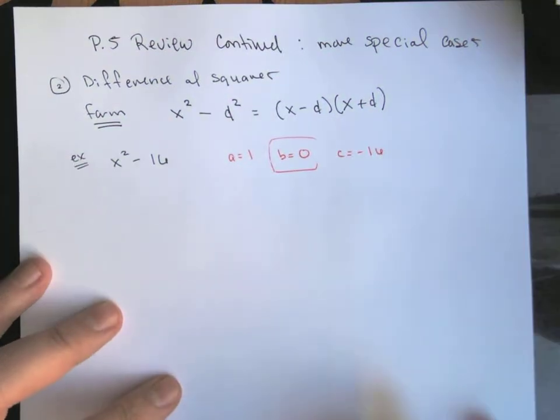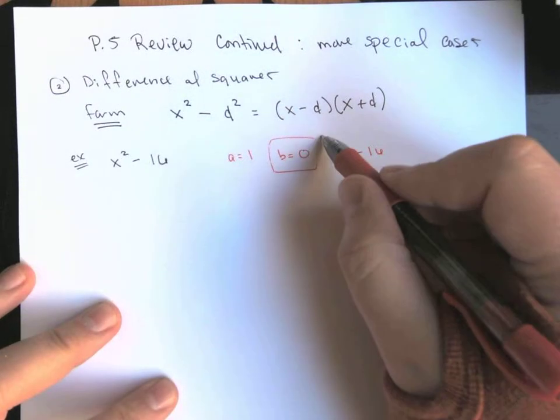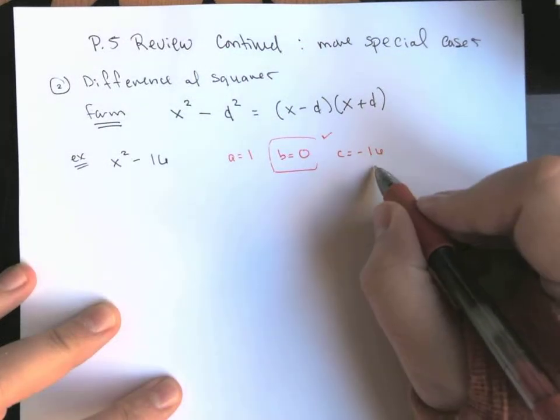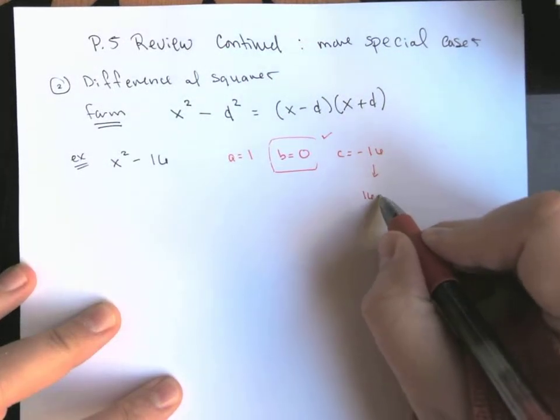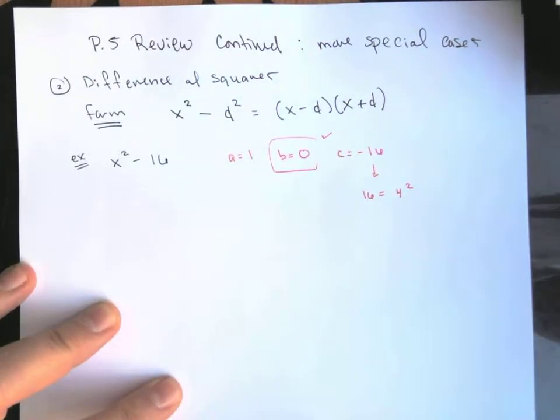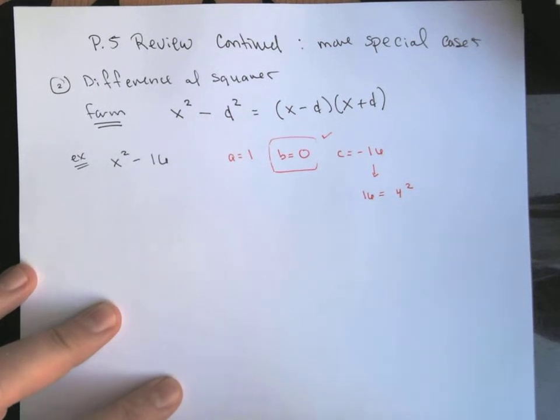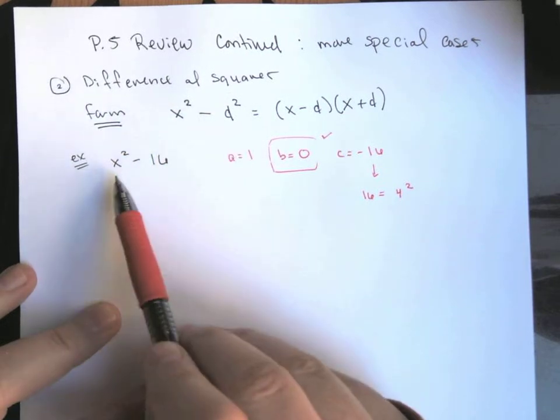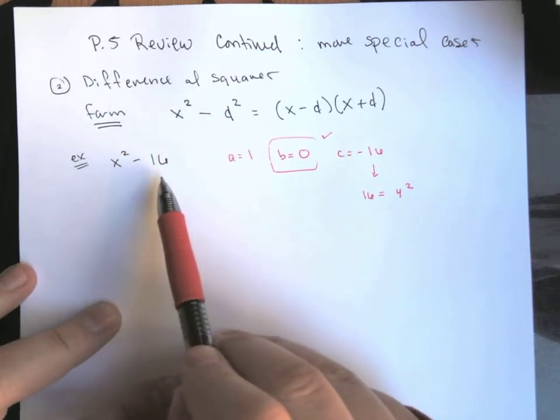So the real special case here is 2 things. One, the most important thing is that this B value is 0. The second important thing is that something like 16 is a perfect square. 16 is, right, 4 times 4 is 4 squared. So this format, x squared minus some number squared, this is really x squared minus 4 squared.